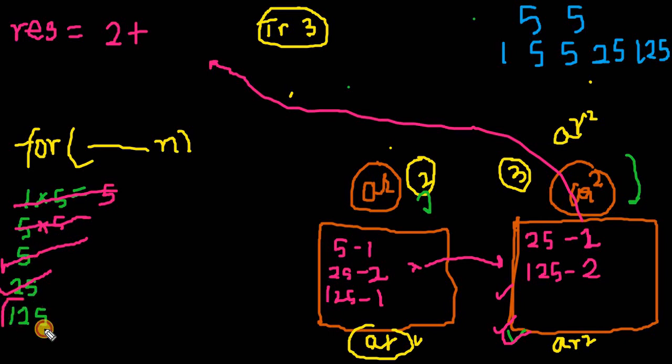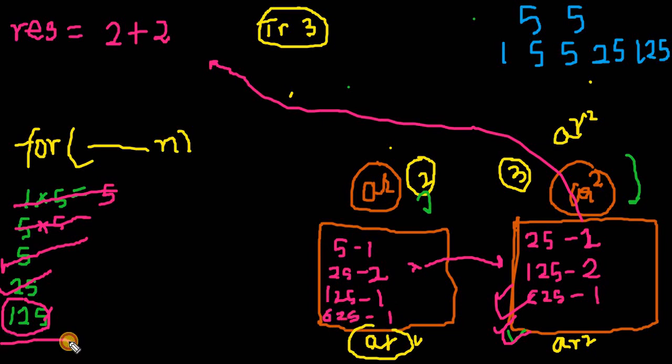So we'll come at 125. So for 125 we'll check if 125 is present. Yes, it's present. So we'll add its frequency value into our answer, and after this we'll check if 125 is present here. Yes, so we'll multiply it by the common ratio, that will become 625, and frequency will be set to 1.